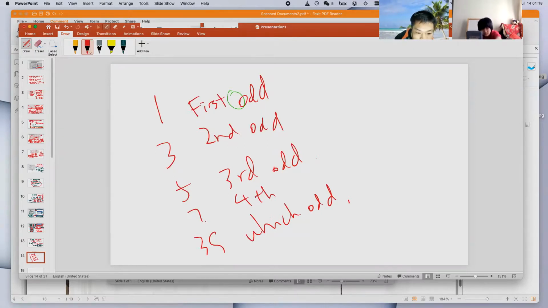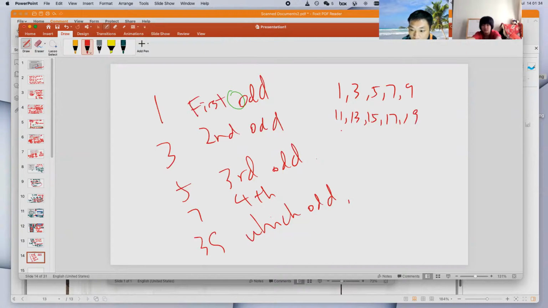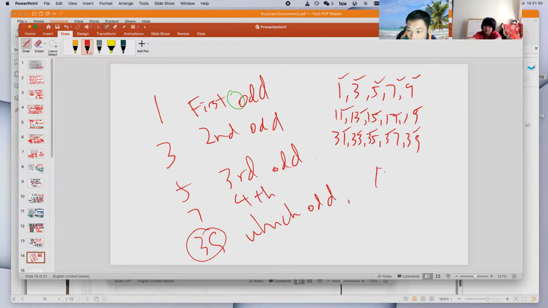You can actually write it out. 1, 3, 5, 7, 9, 11, 13, 15, 17, 19. Never mind. We just continue. So 39: 1, 2, 3, 4, 5, 6, 7, 8, 9, 10, 11, 12, 13, 14, 15.